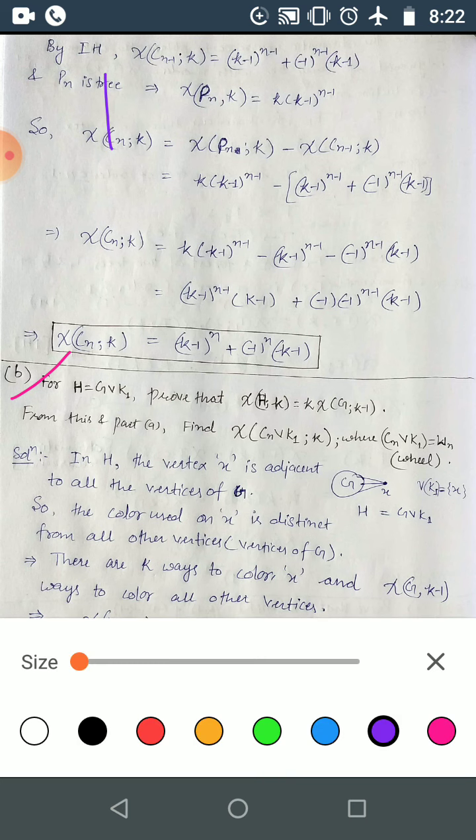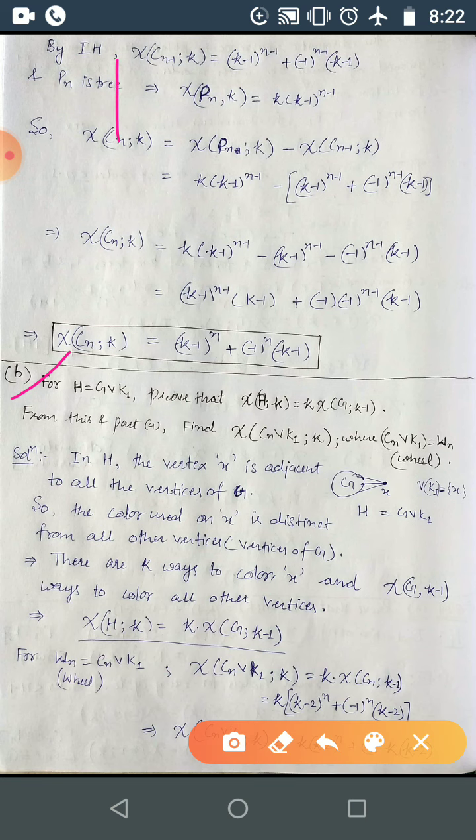So let me use the same color only. H is given as join of G with K1. Okay. K1 is the trivial graph, just one vertex.